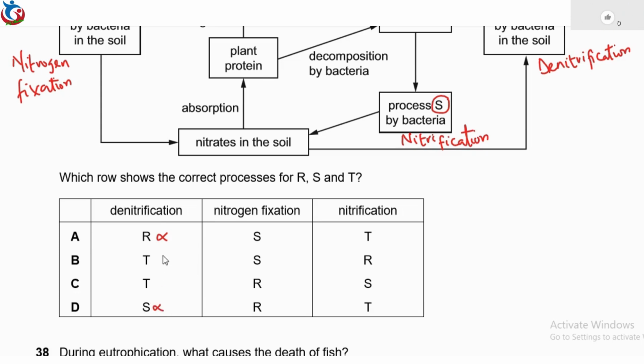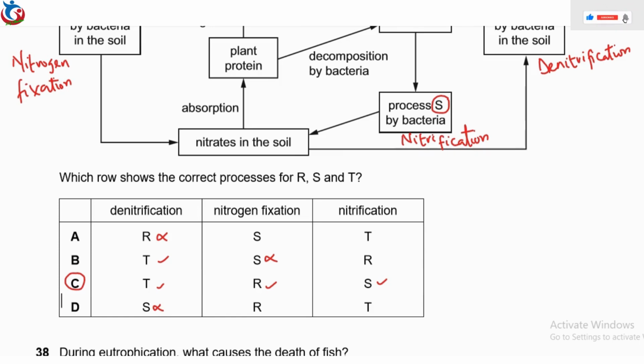So B and C. Now that will take us to nitrogen fixation, and that is R. So this one is correct, this one correct. Although this one is correct, this option is wrong. Then nitrification has to do with S, which is correct. So the only correct answer here is option C. So option C is our correct answer.